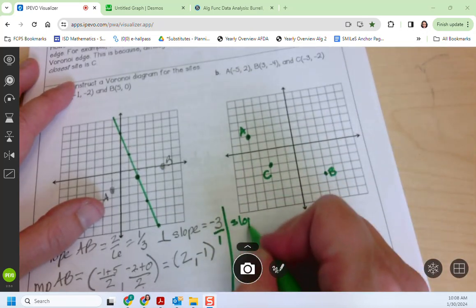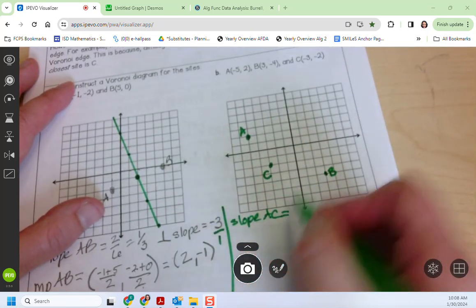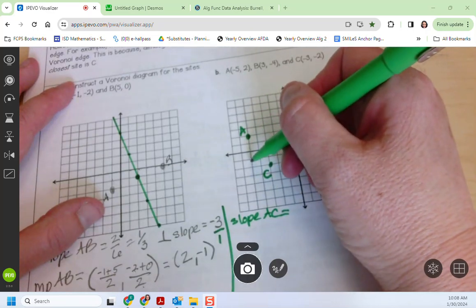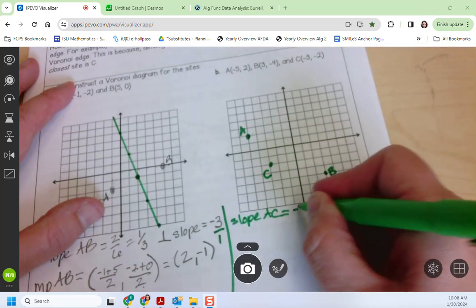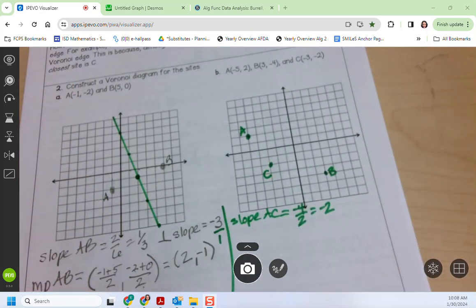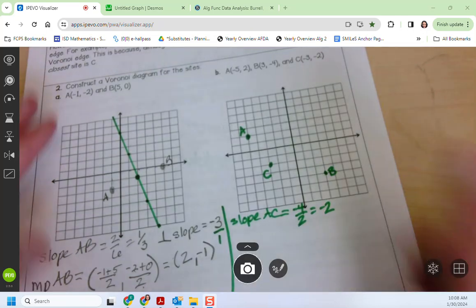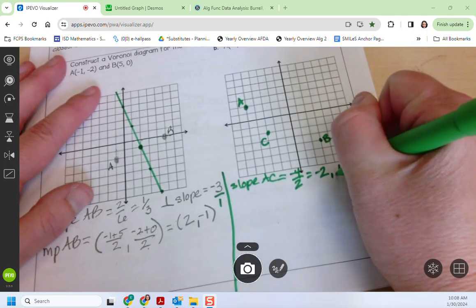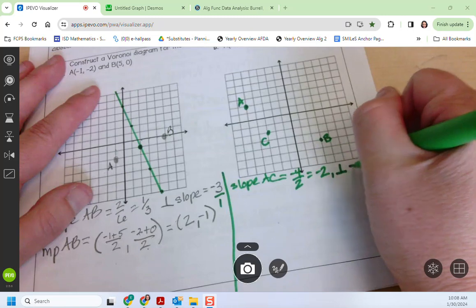Slope of AC is 1, 2, 3, 4, negative 4 over 2, which is negative 2. And so my perpendicular slope is the opposite reciprocal, 1/2.